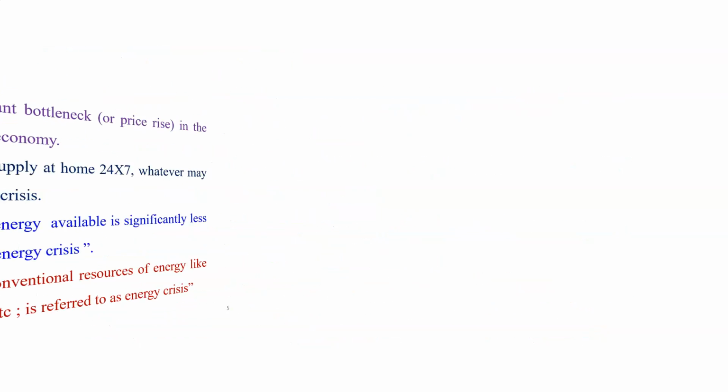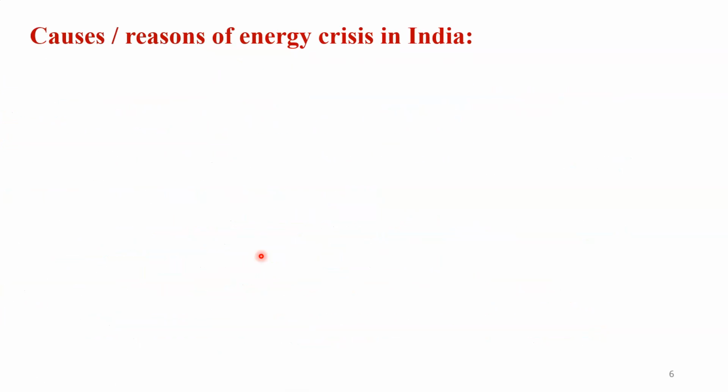Let's discuss the main reasons or causes that are responsible for energy crisis in India. First, a very important reason, that is overconsumption. Dear student, this is a very important cause of the energy crisis that we face in India. With increasing technology and work, the consumption of energy is increasing day by day, and therefore this leads to energy crisis in India.